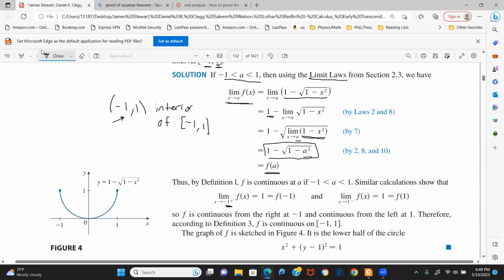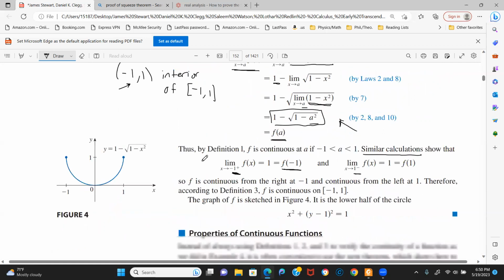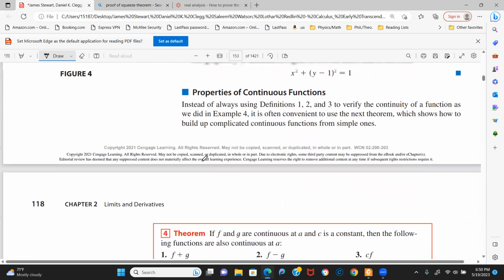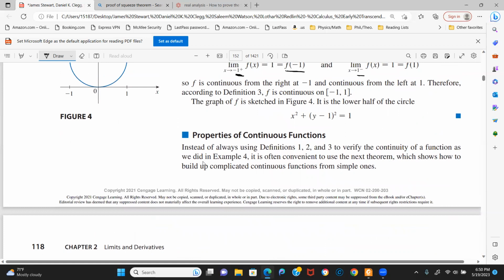Well, we can just see that it's just going to be 1, because we can just use the function itself, and that's the same thing as evaluating the function at -1. And just as it says, going through these exact calculations right here, we can do this right hand and this left hand limit. And then this will tell us that it's continuous on the whole interval.